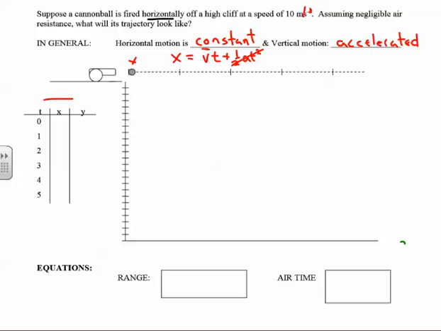So at time 0, our position is 0. Okay. After 1 second, if our x is equal to v times t, as we said earlier, right? So I can just put right above here, v times t. We can do a speed of 10 times 1 is 10. Speed of 10 times 2 seconds is 20, and so on and so forth.